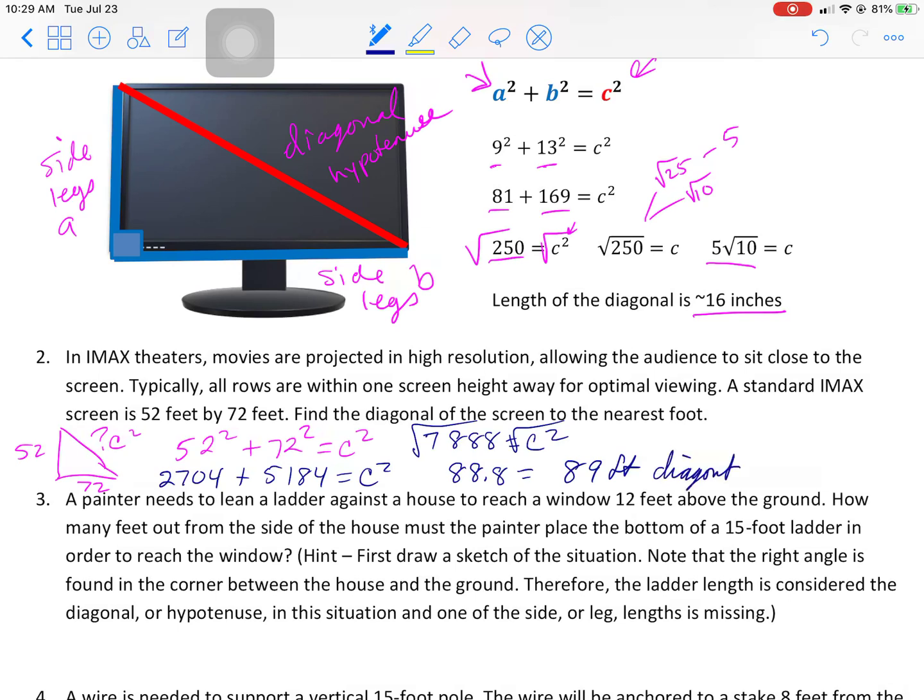Check your homework and see if they accept a decimal or if they're looking for a reduced radical. Be prepared to do either one. Typically, when the number's that humongous, they just want a decimal. And since screens are typically given in whole numbers, they're usually rounded decimals.